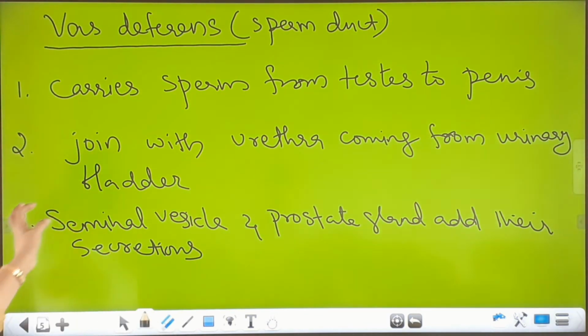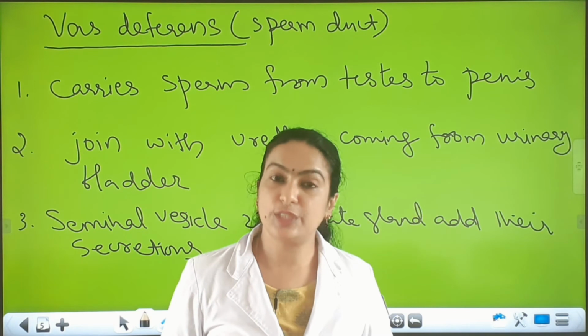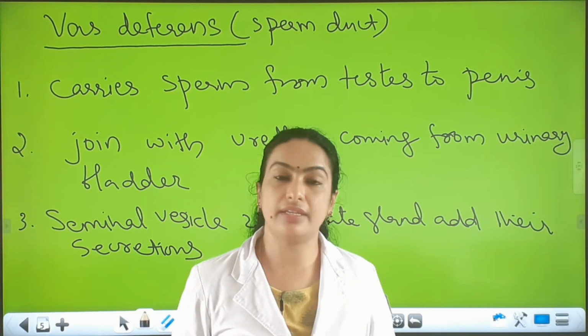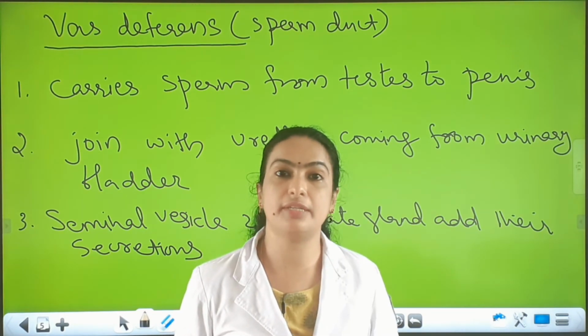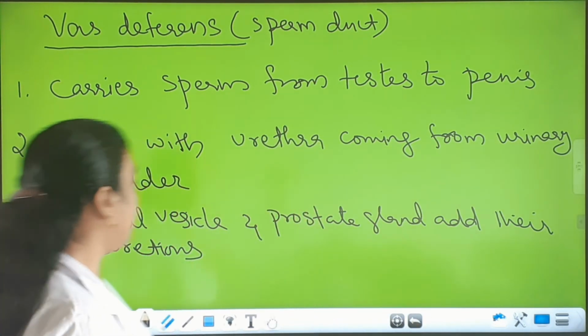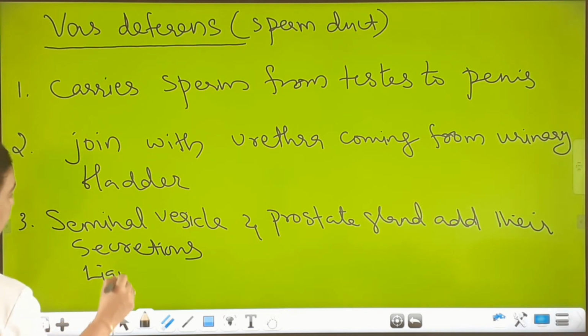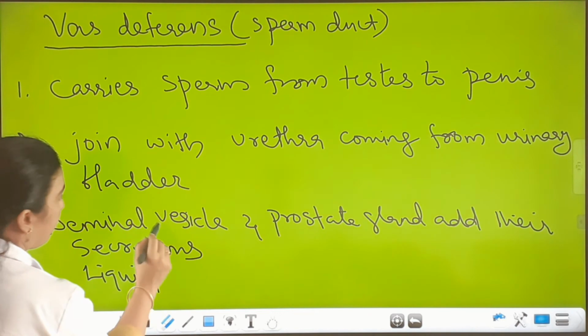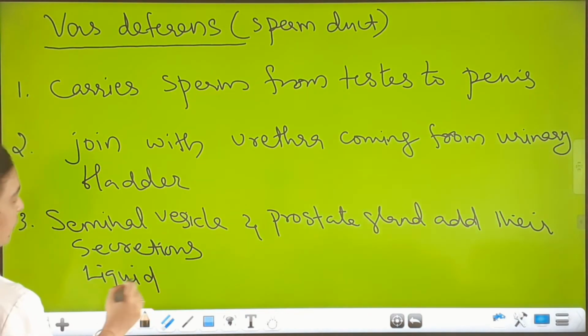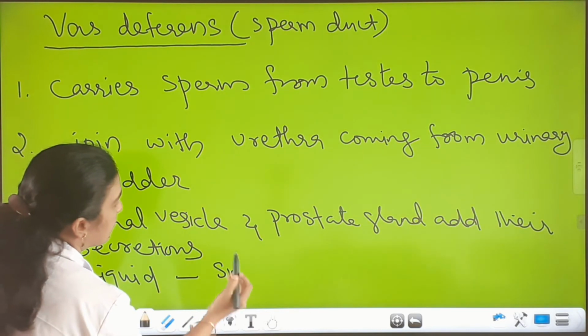So along the path of the vas deferens, while they are carrying sperm, the two accessory glands, seminal vesicles and prostate gland, add their secretions to the sperm that make the sperm into liquid form, and that is called semen.